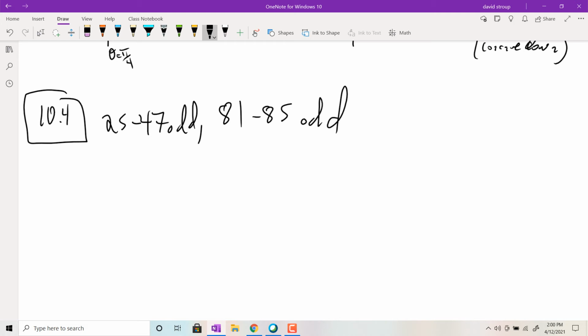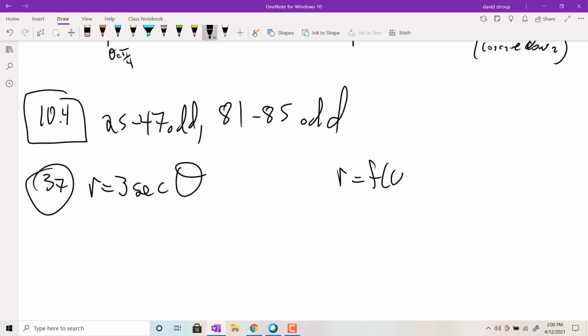Okay, so first let's just do some converting. So 37, r equals 3 secant theta. Basically you're moving back and forth from something like r equals f of theta, so r equals something in terms of theta, over to y equals f of x.